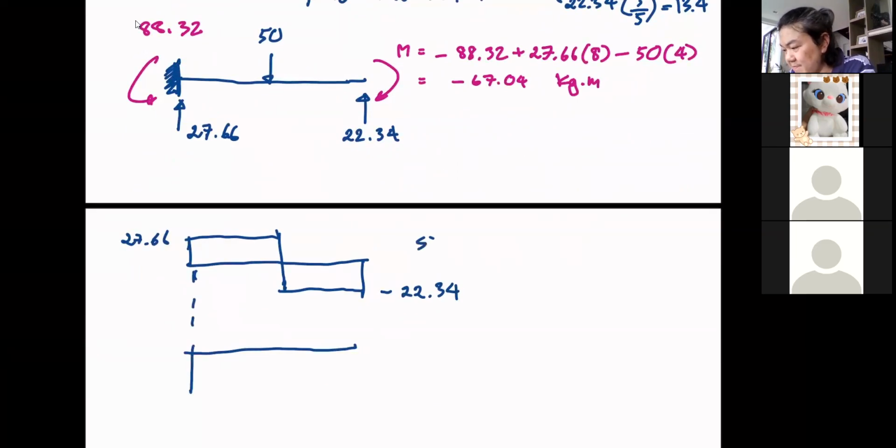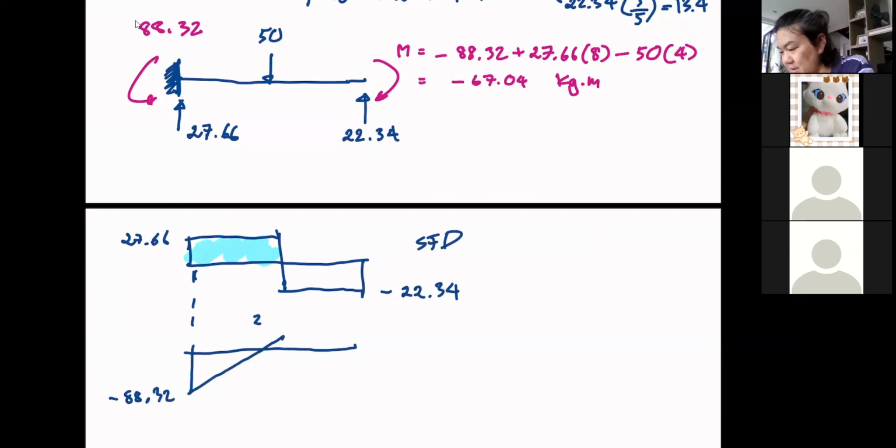This is the SFD. This is minus 88.32, and then this area is bringing the positive moment, and it's large enough to bring this one to the positive value of 20.